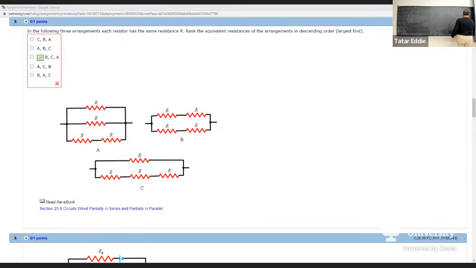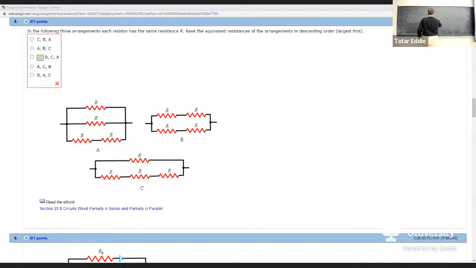So the second circuit is total resistance of R. And now the third one. Does it only have one in parallel? No. Those three are in series first. So the last circuit looks like this. When you combine those three, you are going to have a circuit like this.